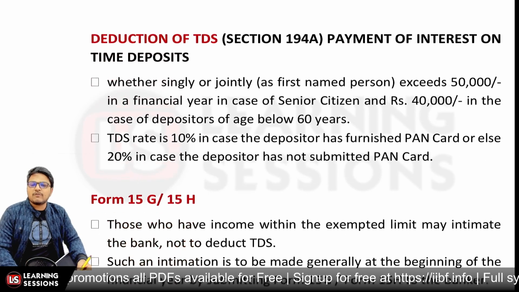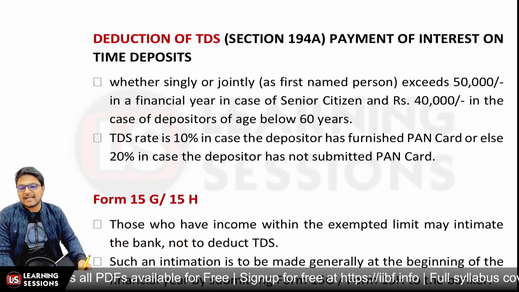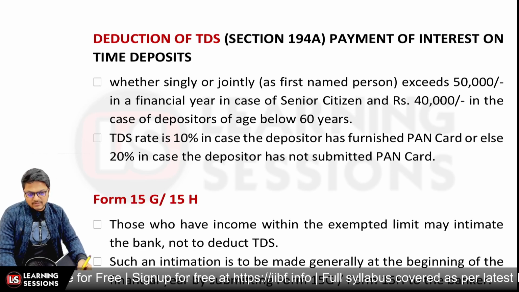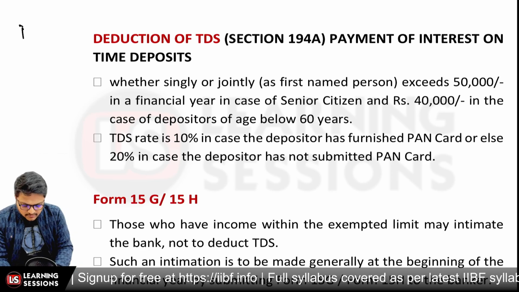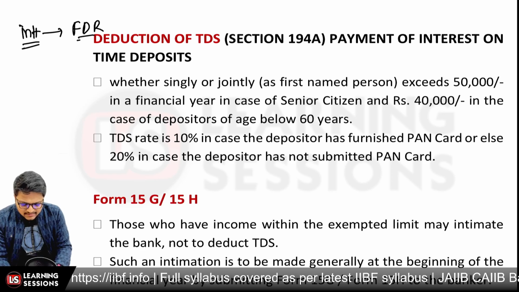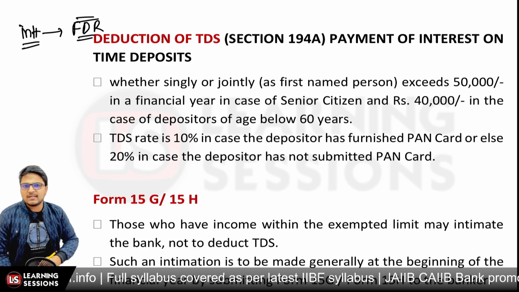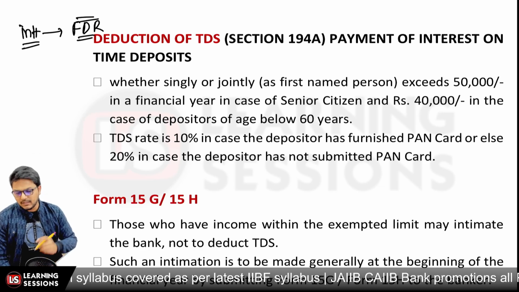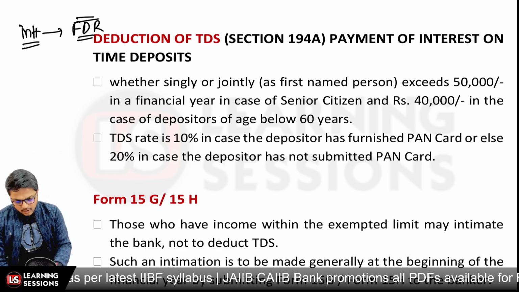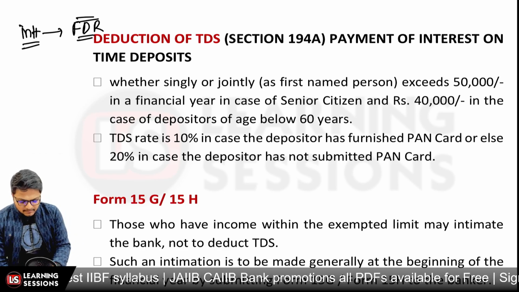Further, it's related to deduction of TDS, that is tax deducted at source, as per section 194A. Section 194A says that on whatever interest component is paid on the FDR, TDS is to be deducted. Whether it is singly operated or jointly operated, the first name of the person must be considered.